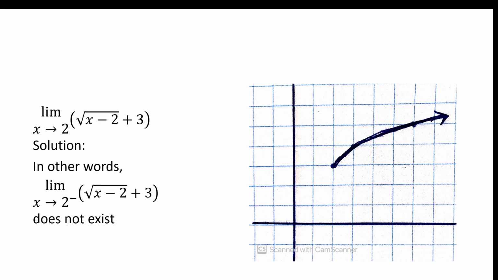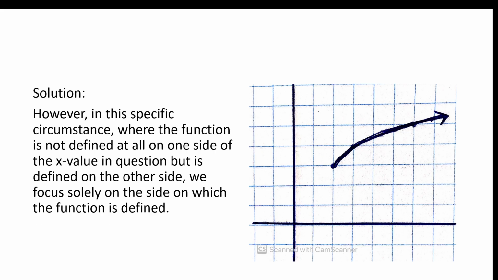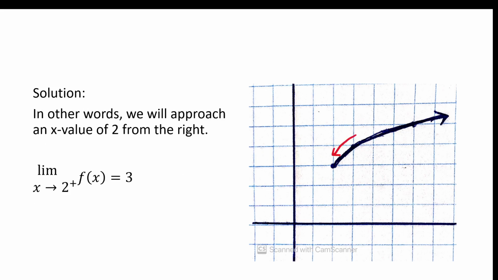You might be tempted at this point to say, oh, okay, since that one-sided limit doesn't exist, we'll say the limit as x goes to 2 overall does not exist. But this is one of those exceptions to the rule. In this specific circumstance, when the function is not defined at all on one side of the x value in question, but is only defined on the other side, we focus solely on the side on which the function is defined. So we're going to approach an x value of 2 from the right.